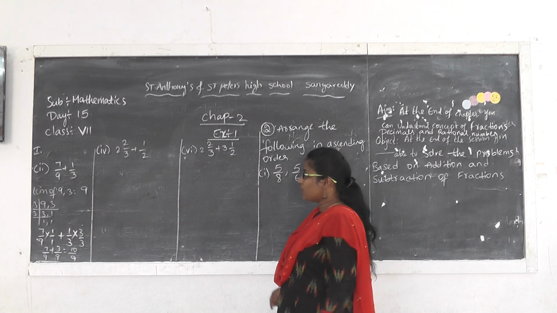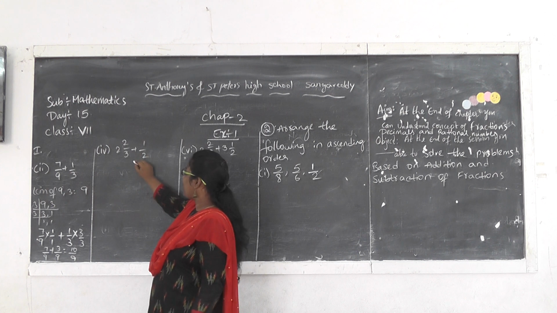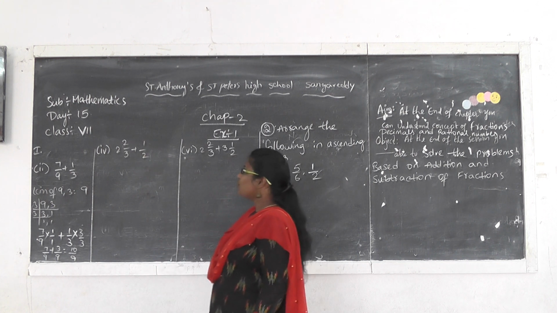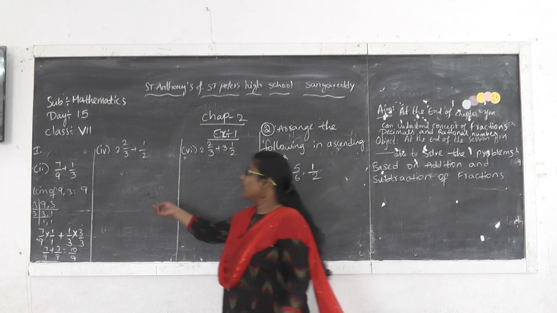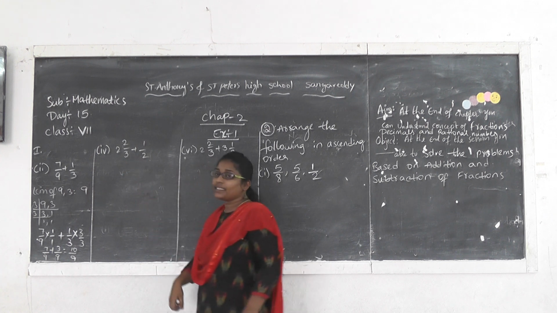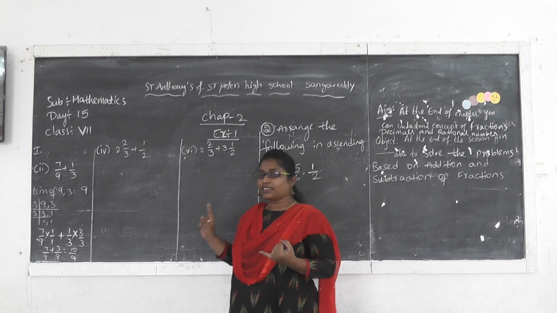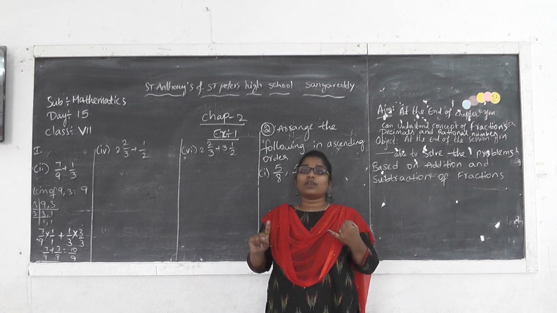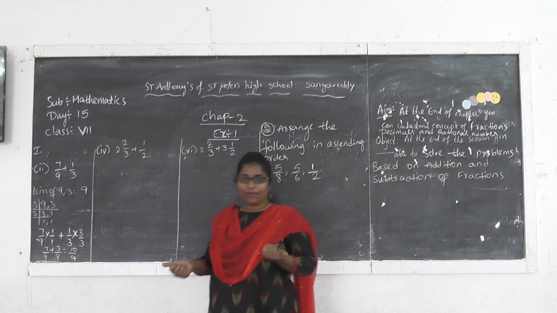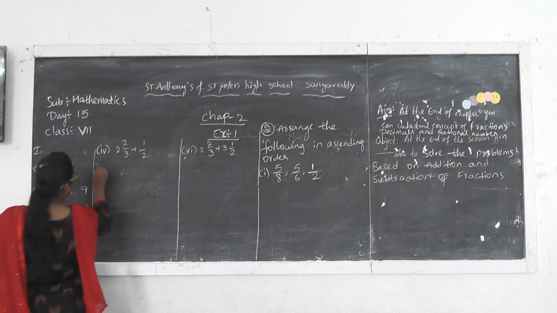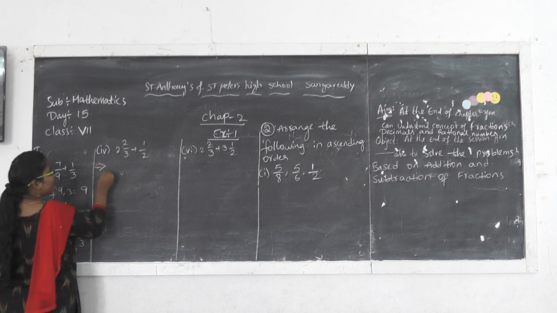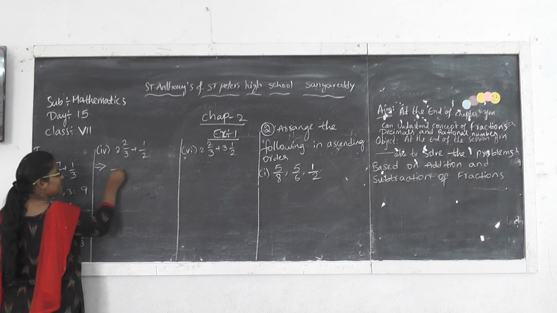Now next one. This is the fourth question: 2 2 by 3 plus 1 by 2. Here one is a mixed fraction and one is a proper fraction. Whenever a mixed fraction is given, the first step is to convert it into an improper fraction. How do we convert? Keep the denominator 3 as it is.